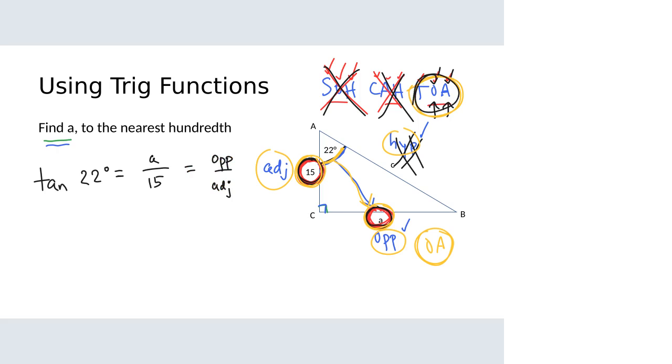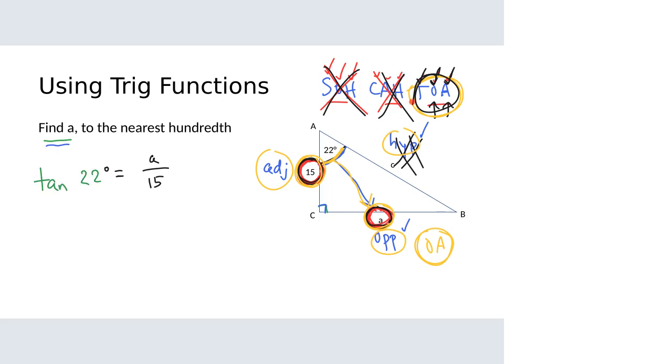Because TOA tells me tangent is opposite over adjacent. So I set this up as opposite over adjacent. Opposite is the thing I don't know, called A. Adjacent is the thing that I do know that's going to help me, which is 15. And so now I have my equation set up. What I've done is I've taken this picture and I've turned it into an equation that I can solve.